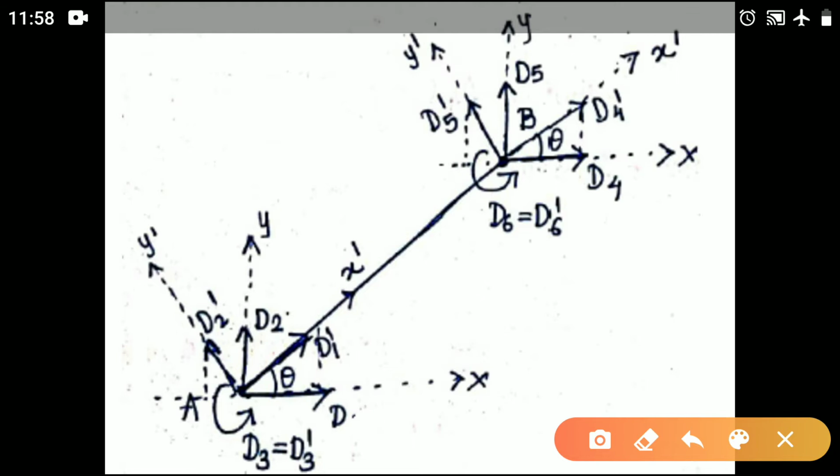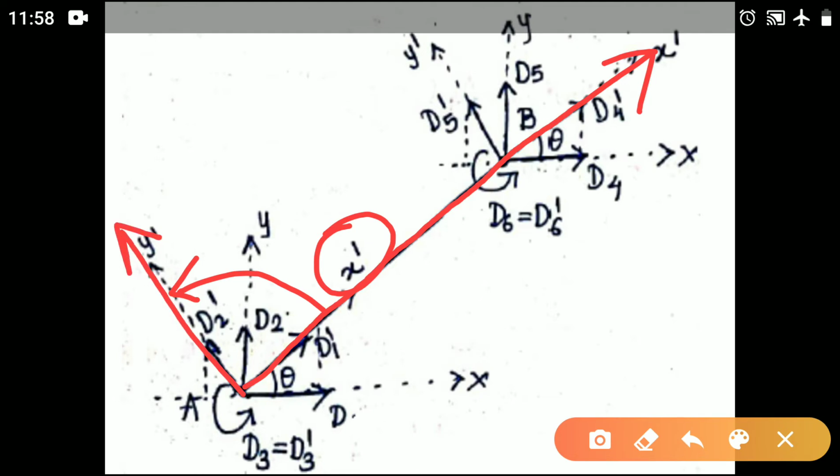Here, first thing is to show the local axis. The local axes are shown with the x dash and y dash system. The axis passing through the member, along the member, is x dash, and perpendicular to this x dash in anti-clockwise direction, the other axis is y dash.